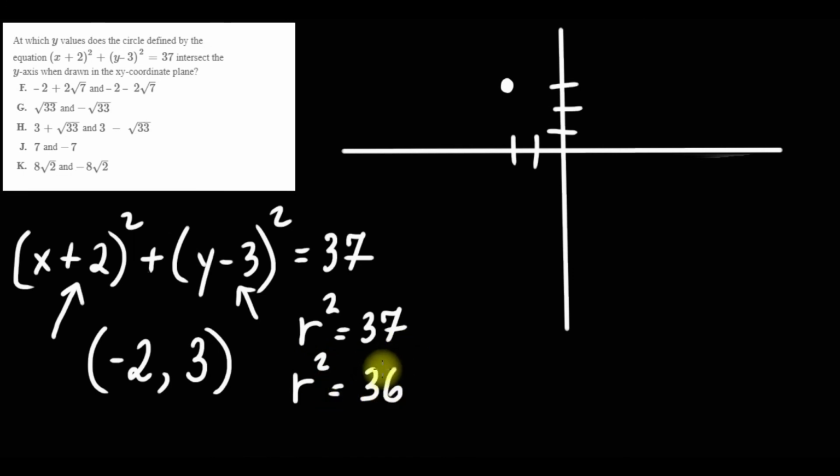Now 36, we know it's a perfect square, right? We take the square root of 36, we get 6. So r here would be 6. So the square root of 37 is going to be 6 point something, 6.1, or we don't know, but we can use 6 point something here to work with.